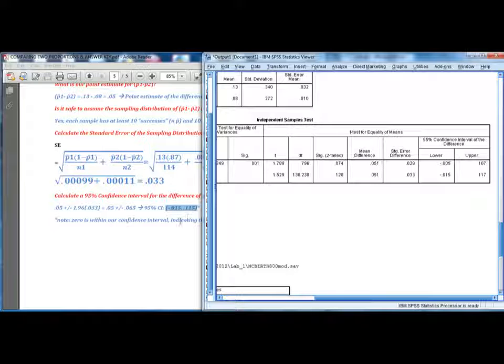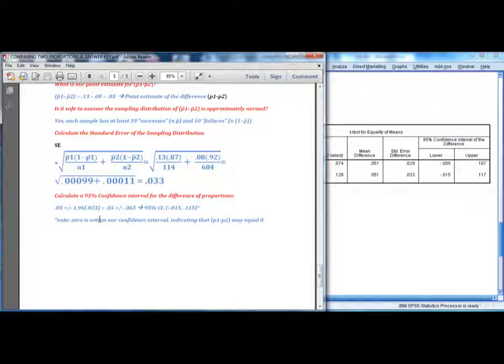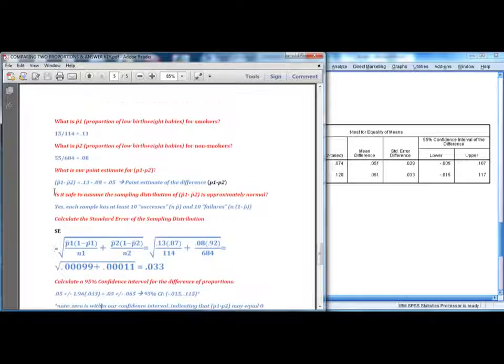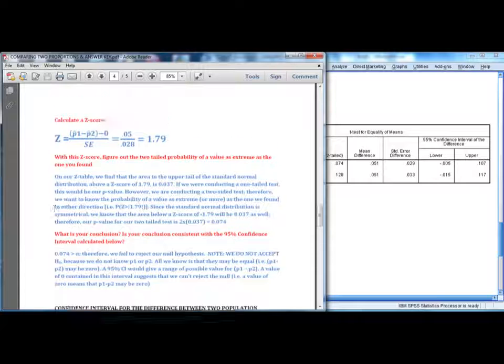A little bit of rounding, we have 0.117, 0.115 here. It's consistent with that which was obtained from SPSS. Again, 0 is within that confidence interval.